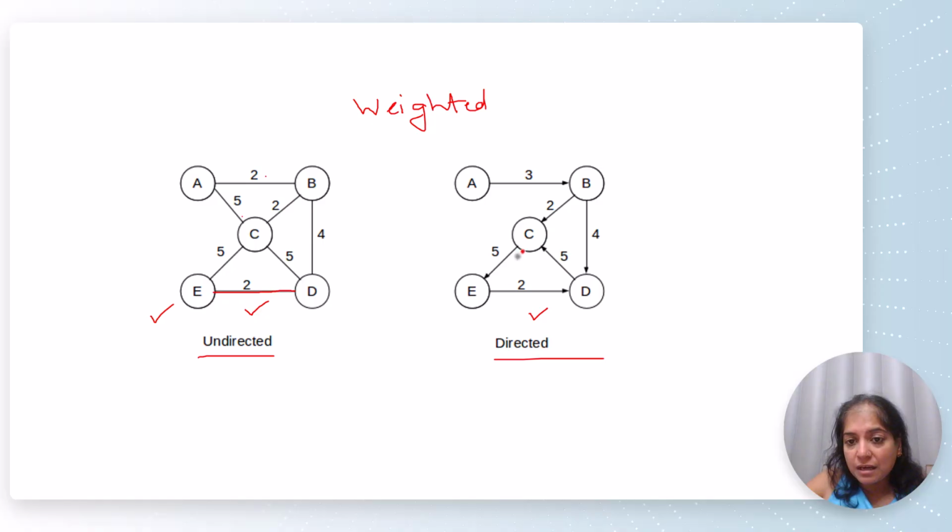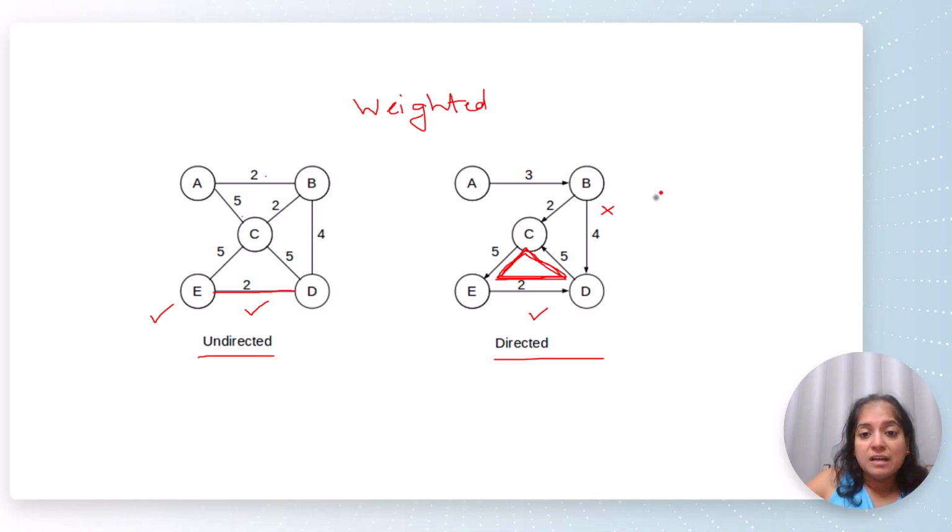Like if you see here, from C to B, C to E, E to D, and D to C, it is a cycle that we can go around here. But on the other hand, B to C, B to D, we can go from B to D, D to C, but not from C to B. So it is not a cycle.